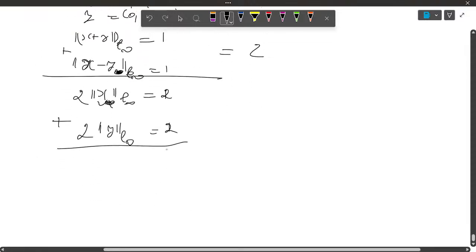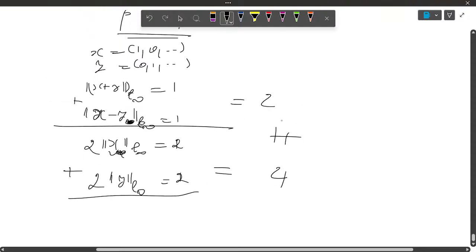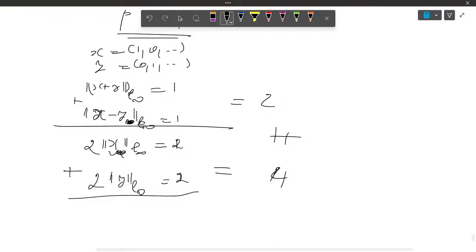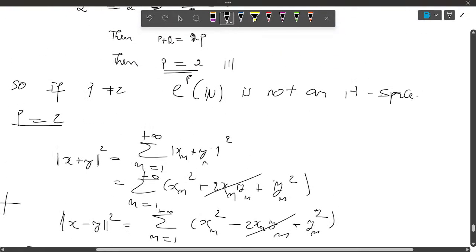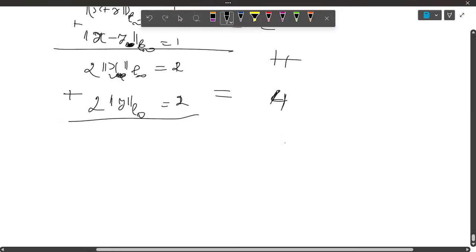When you add them, the answer is going to be 4, which is different from 2. So this is what shows that only for p equal to 2 is your ℓp space a Hilbert space.